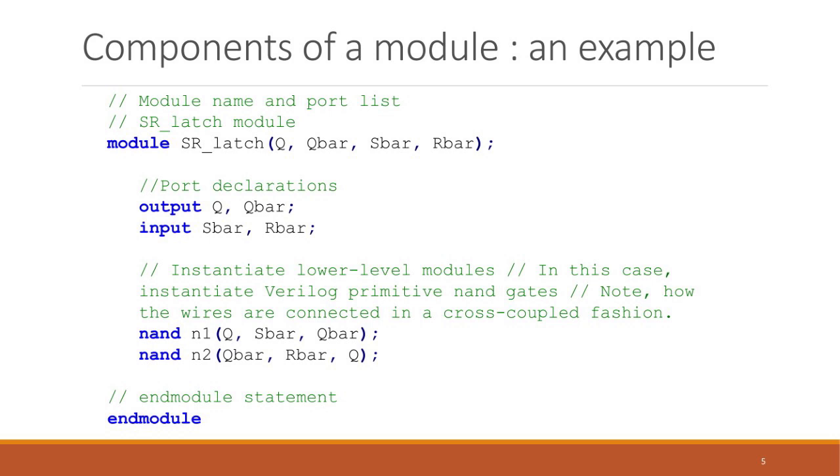And something important you can see here is that these NAND gates we instantiate are inbuilt primitive modules in Verilog. We don't define those modules in Verilog ourselves, because they are already defined and they are primitive modules. Just like we give a name to an instantiated Verilog module, we need to give names to these primitive gate modules as well. In this example, we have given the names N1 and N2 for these two NAND gates.